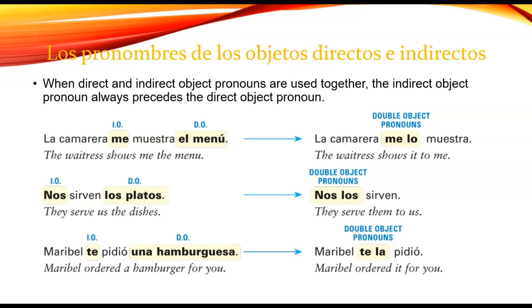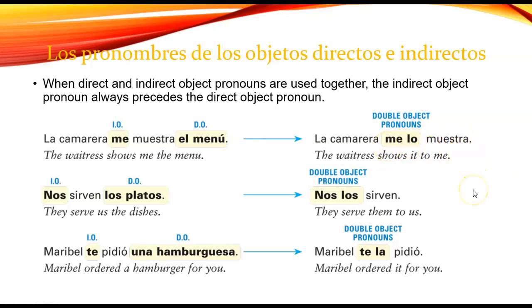Okay, so la camarera me muestra el menú, me being the indirect object pronoun, el menú being the direct object. And so if we want to say she shows it to me, la camarera me lo muestra. It's almost like we have to read it backwards, like she shows it to me.